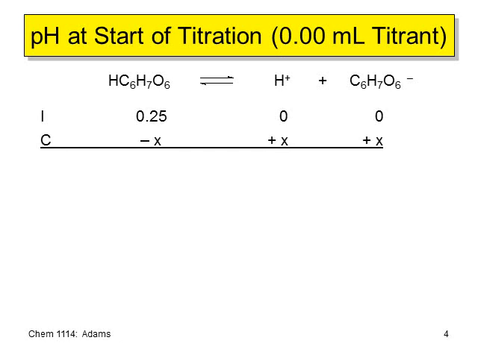The change in concentration is going to be the stoichiometric multiplier. You can see that it's 1 for each species in the chemical reaction, so it's going to be x, or 1x. You're going to decrease or subtract concentrations of the reactants and increase or add concentrations of the products. Your E is your equilibrium concentration, where you're going to add the I and the C.